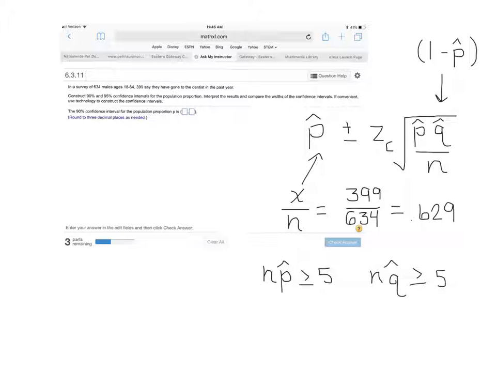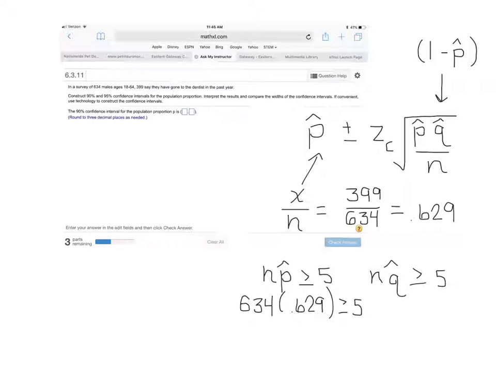So now we're going to take that n, our sample size, which is 634 males, and we're going to multiply it by our p hat, which is the 0.629 value that we just got. Clearly, that's a number much greater than 5. It's a little more than 398, so that's satisfied.